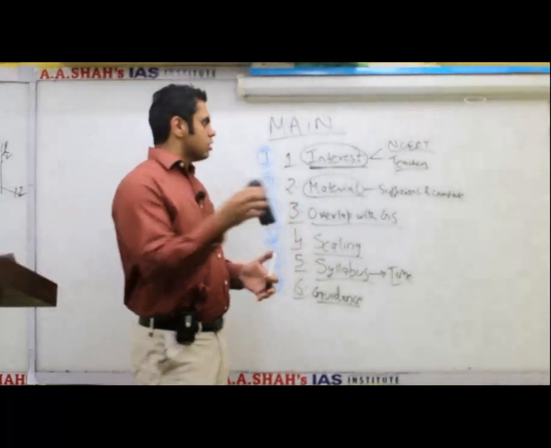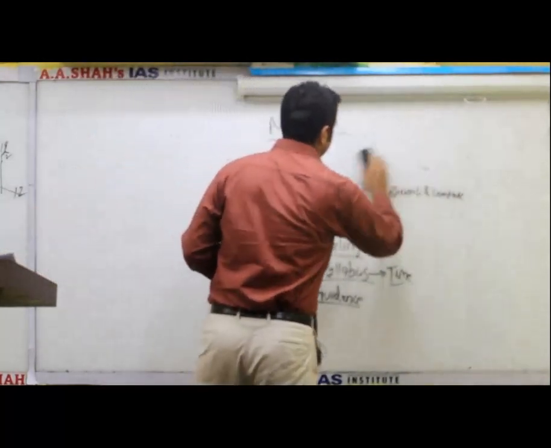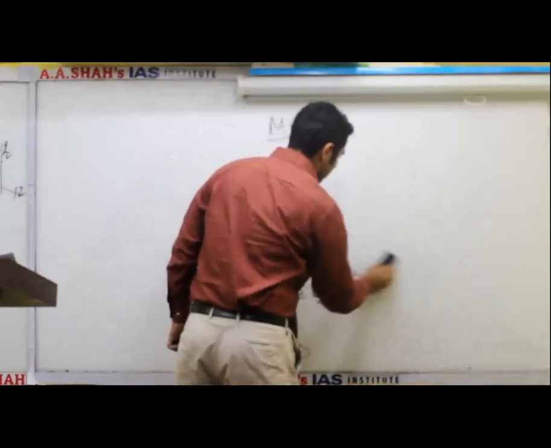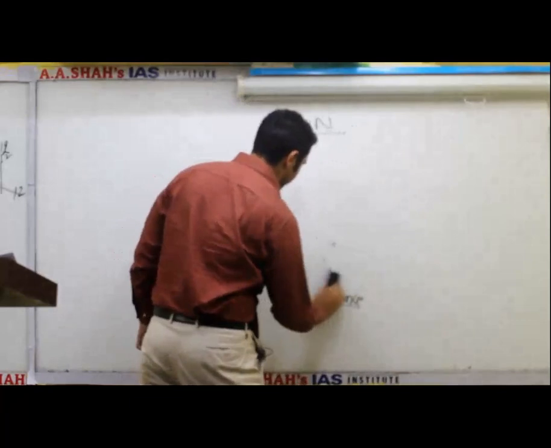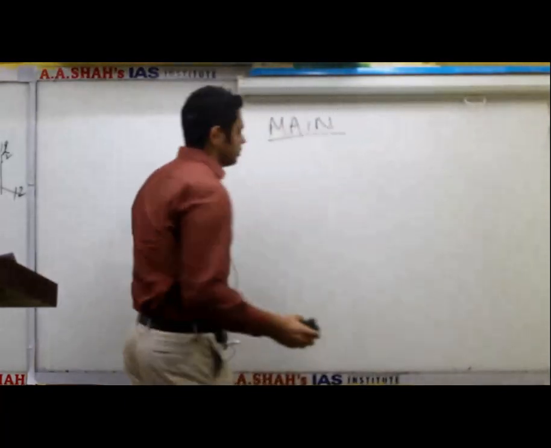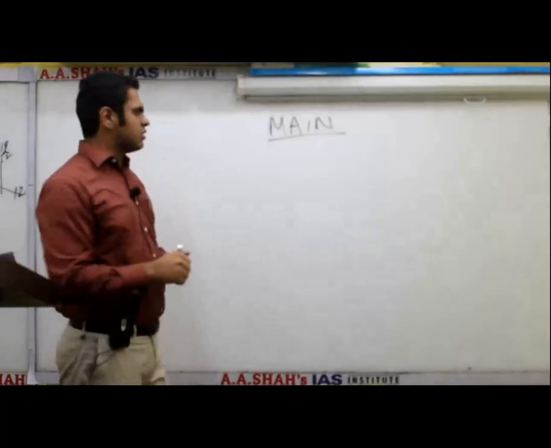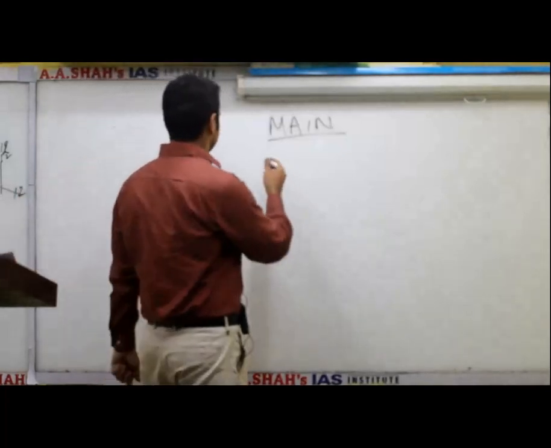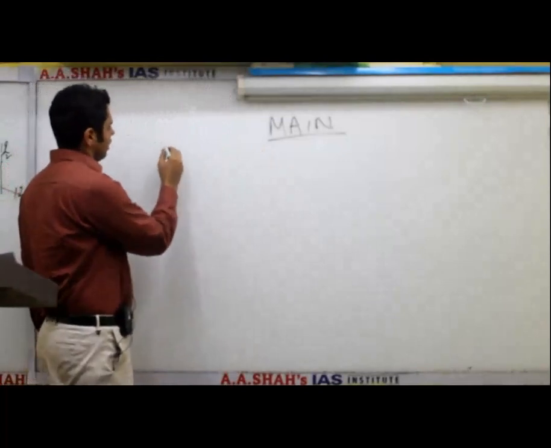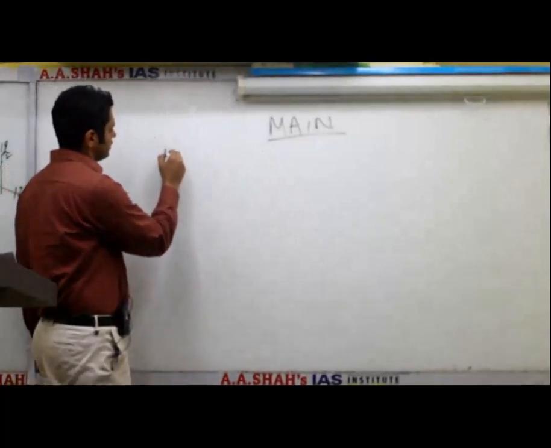Now, going as per the trend of UPSC, there are some optionals which have become very popular. So I'll just write down a few popular optionals. First optional which is popular among students is history.